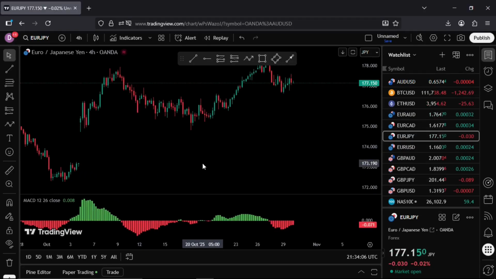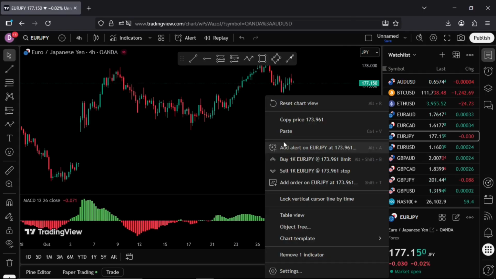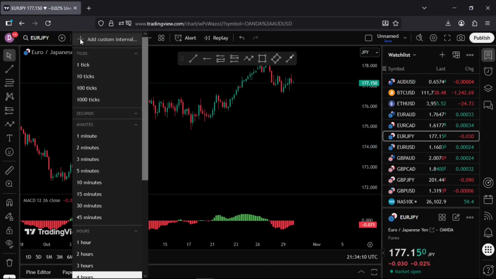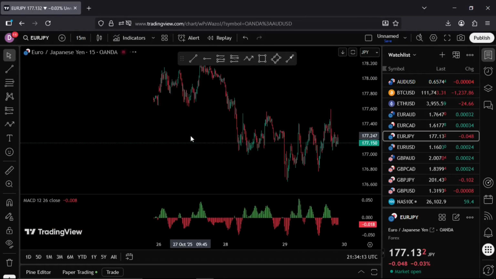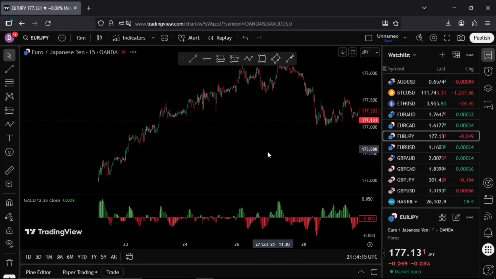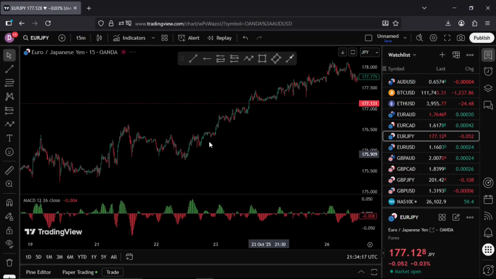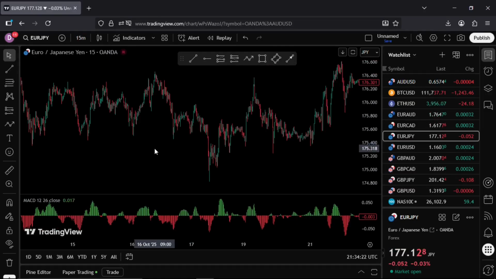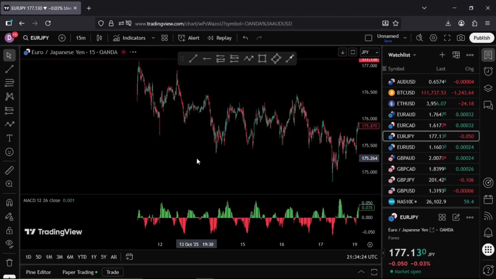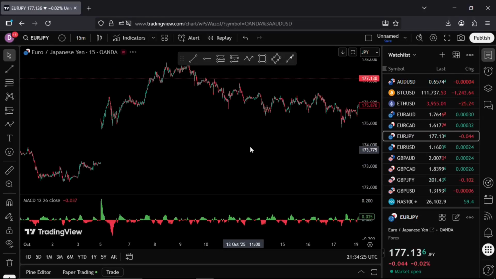Now let me go to a lower time frame, the 15-minute time frame. Like I said, if you're having trouble marking your highs and lows in the trend, most especially if you're just beginning, sometimes it's very hard. This is an indicator that you could use.